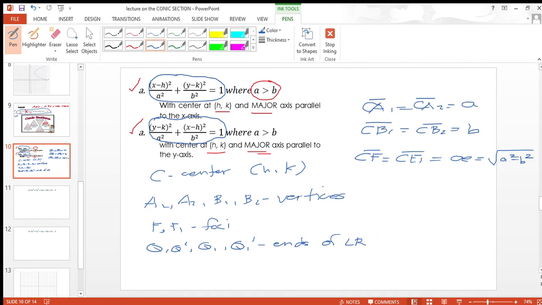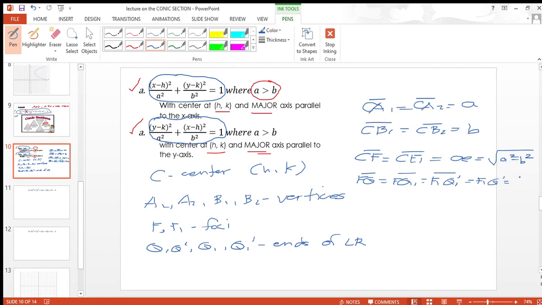Isn't it for the parabola, we have encountered the latus rectum also. So here, if we will label, we have F to Q, F to Q1, the same as F1 to Q prime, or Q1, I mean Q1 prime, and F1 to Q prime.